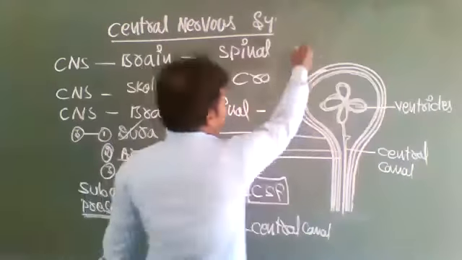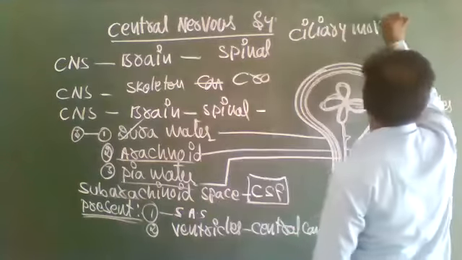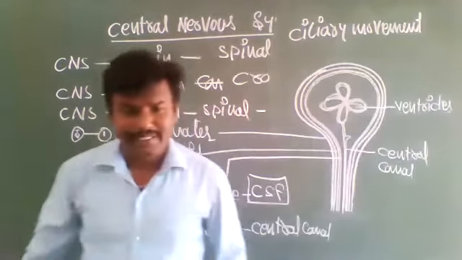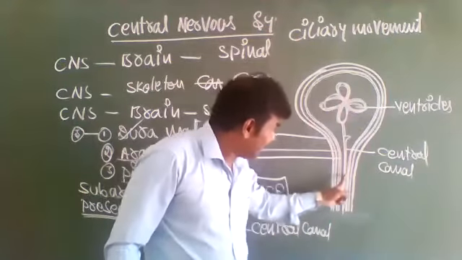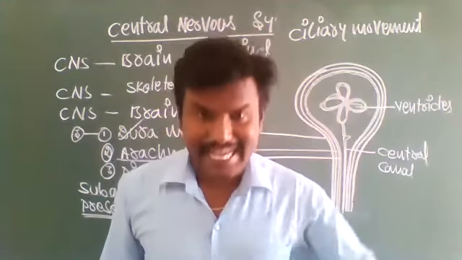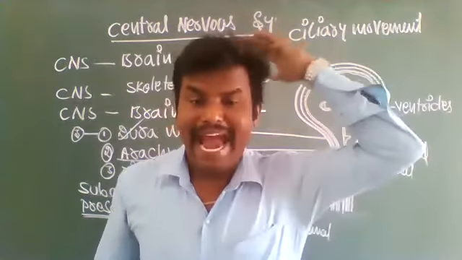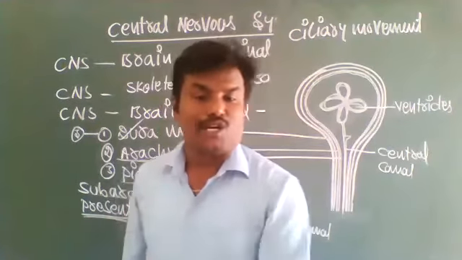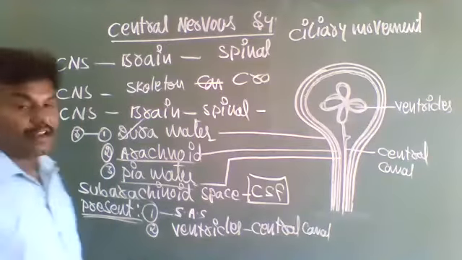That day we discussed ciliary movement. So in the ventricles and in the spinal cord, cilia help in the moving of cerebrospinal fluid from the anterior part of the brain to the posterior part of the spinal cord. Okay, so this is the cerebrospinal fluid.